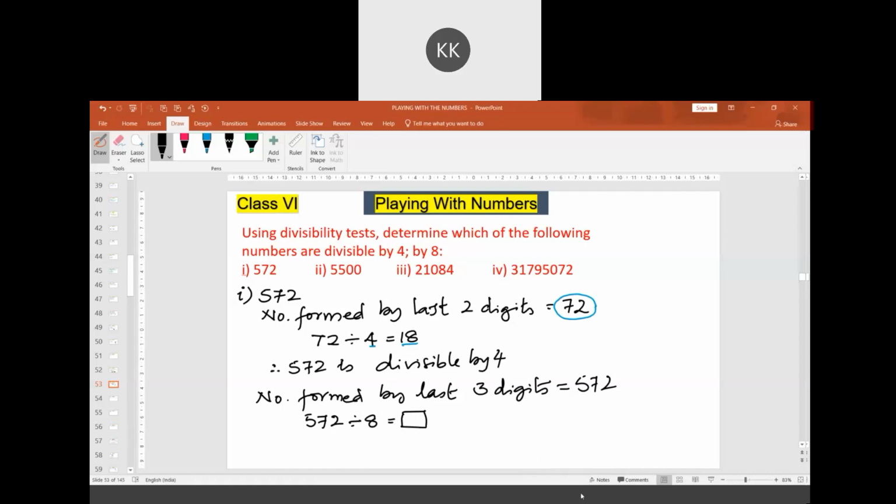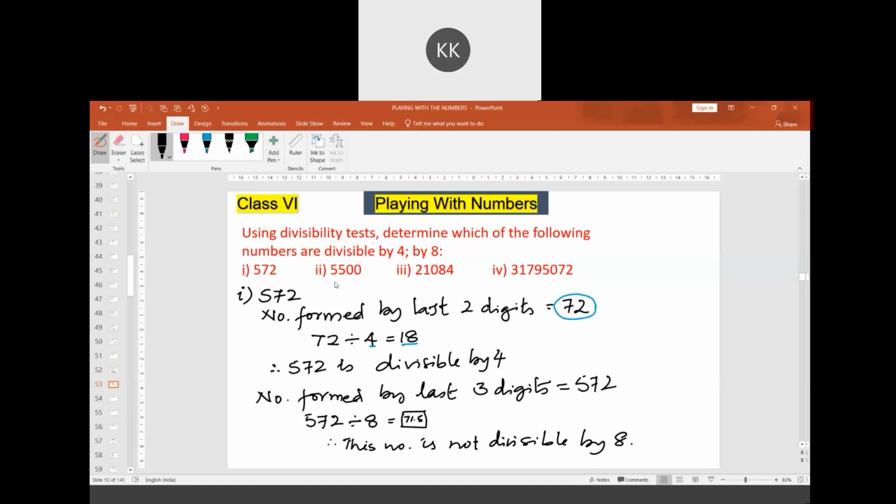You will get 71.5. An exact number you are not going to get. Therefore, this number is not divisible by 8.